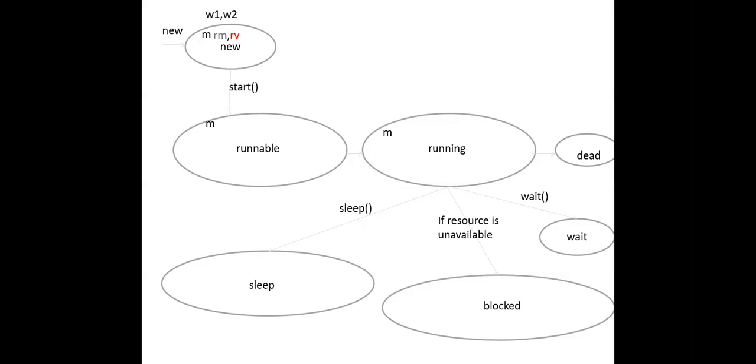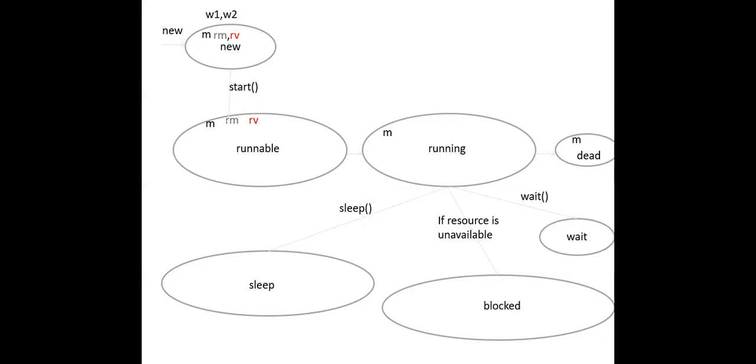Next, we will call the start method for RM and RV, because of which they will come to runnable. Next, M will go to dead state. Next, I forgot. Okay.